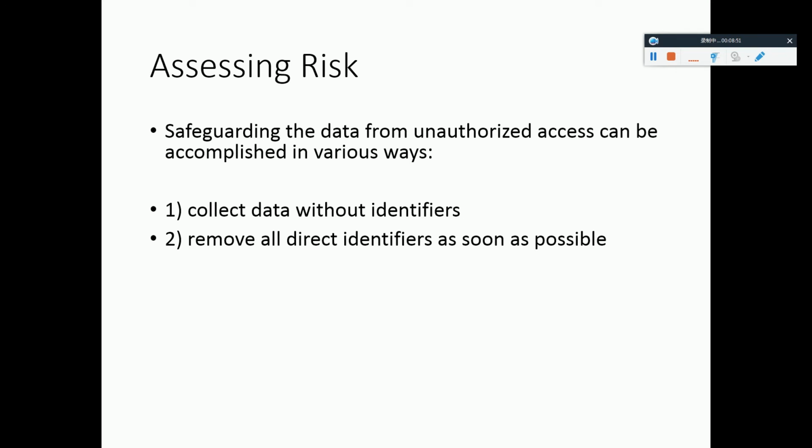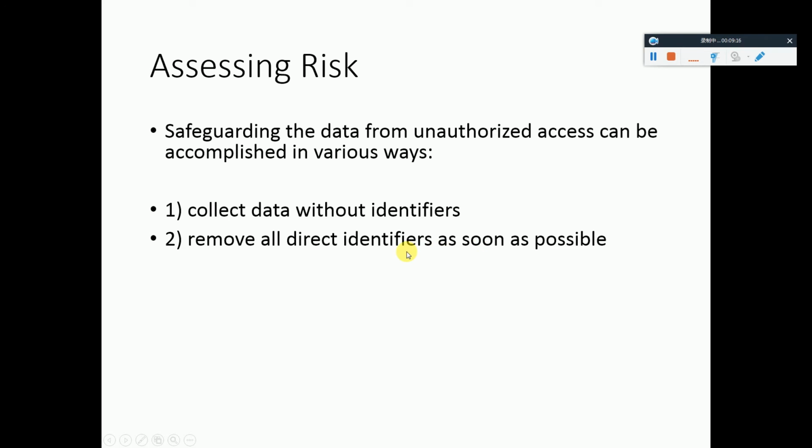If you have a very strong reason to collect personally identifiable information, as well as sensitive data such as illegal drug use, then a typical practice that the IRB will demand is to remove all those identifiers as soon as possible.